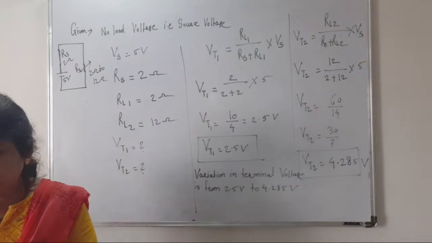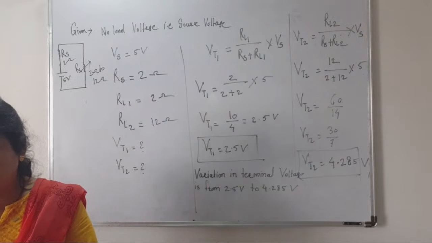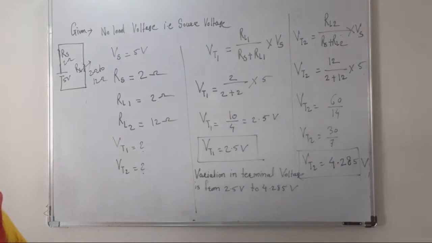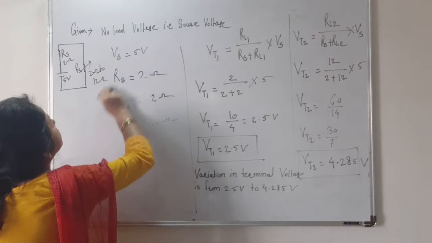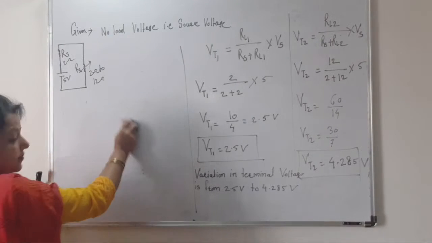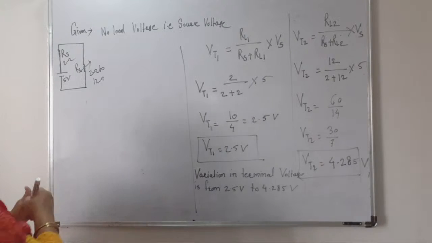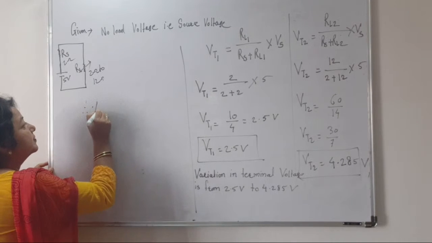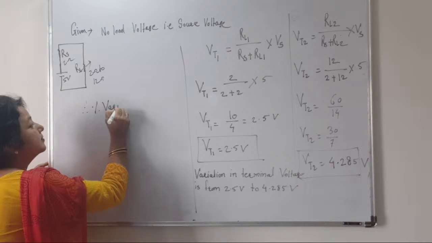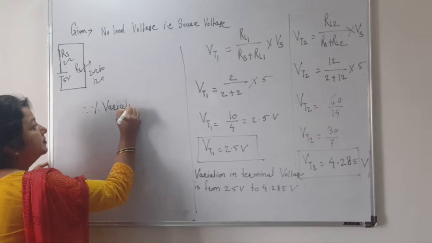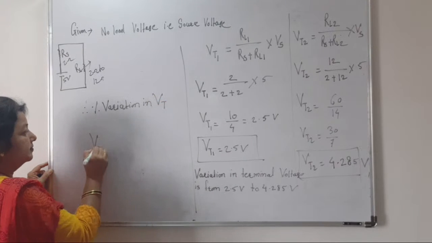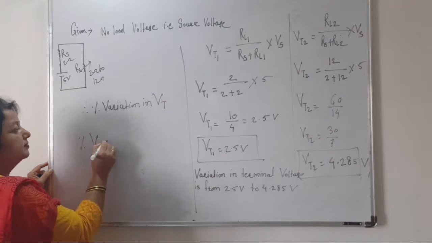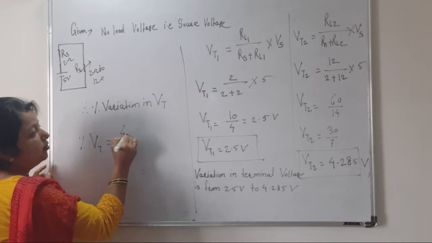Percentage variation in VT is equal to maximum minus minimum upon maximum. What is the maximum voltage?